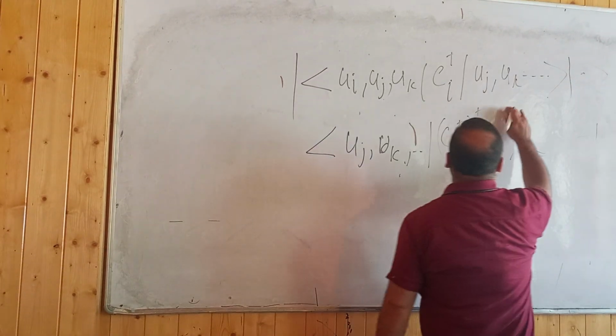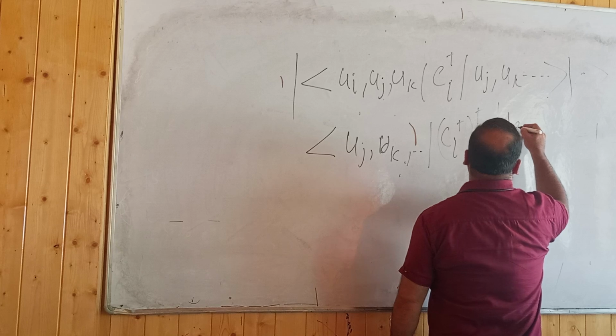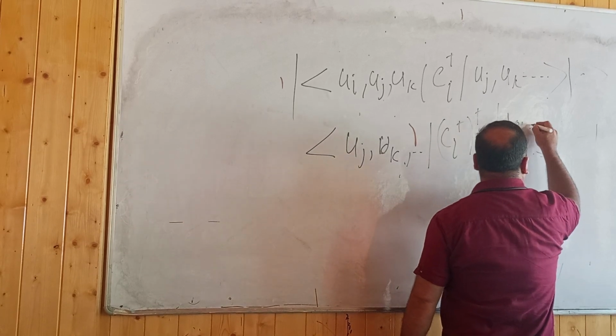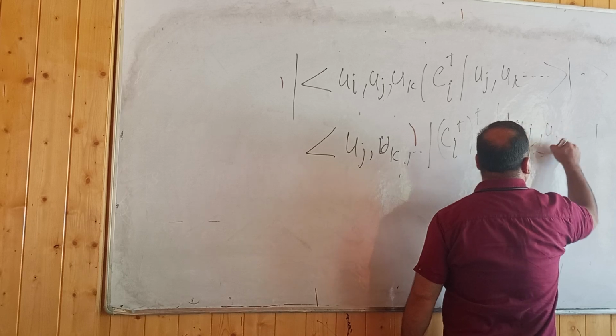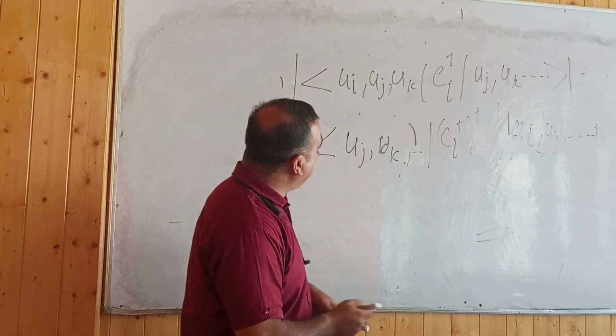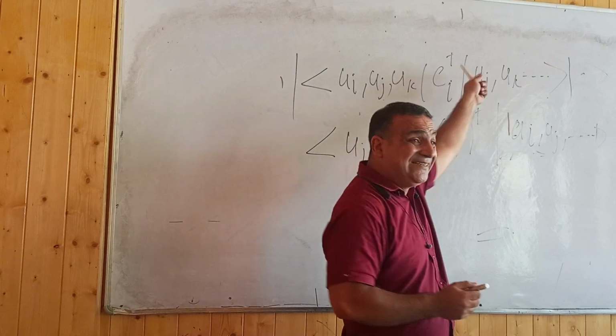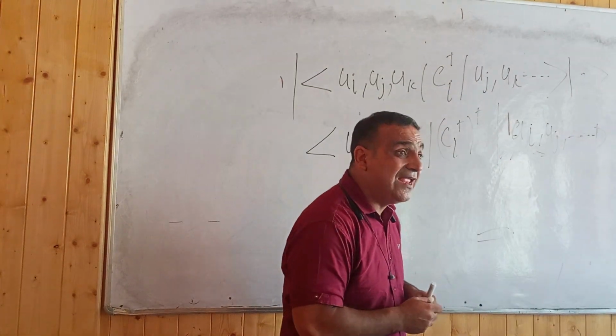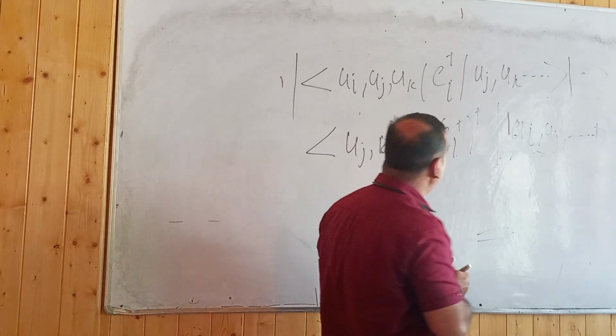Okay? Then I will act on what? Then I will act on UI. Here it has to be I now. This is UI, UJ, and so on and so forth. Right? So what will happen? The adjoint of CI dagger will give us CI, the annihilation operator.